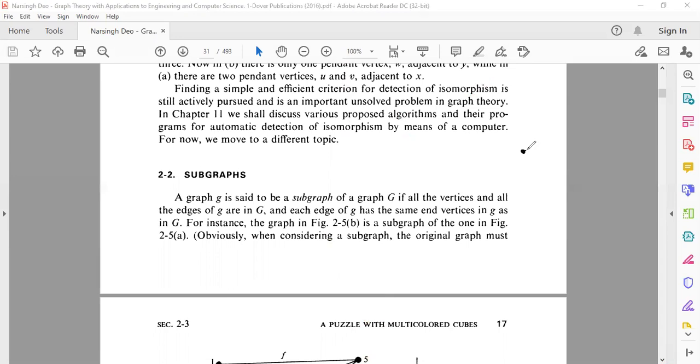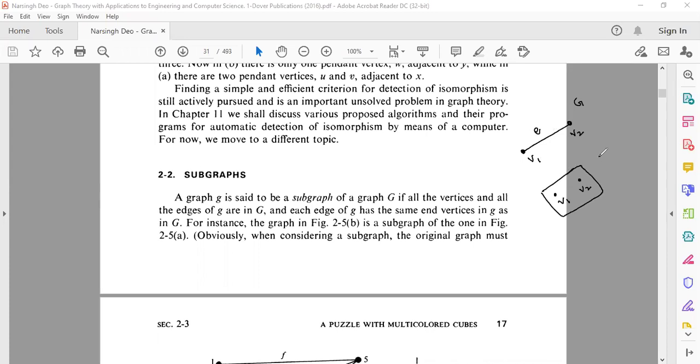Say for example, I draw this figure, v1 and v2, and the edge is E. This is my graph G. Now if I delete this edge E, I'll be left with two vertices only, v1 and v2, which is the null graph.